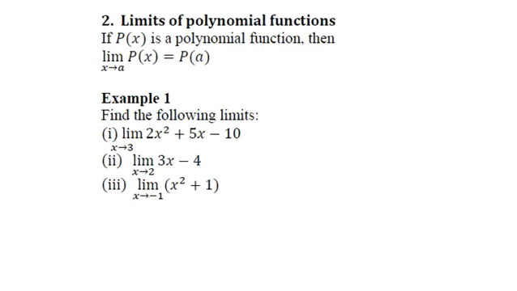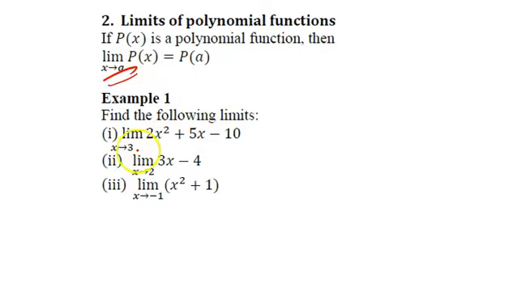How do we find the limit of a polynomial? It's very simple. What is a polynomial function? That is an algebraic expression with many terms. So if you have a polynomial, just put in the value, the limit value. For instance, we have the limit as x tends to 3 of 2x squared plus 5x minus 10.